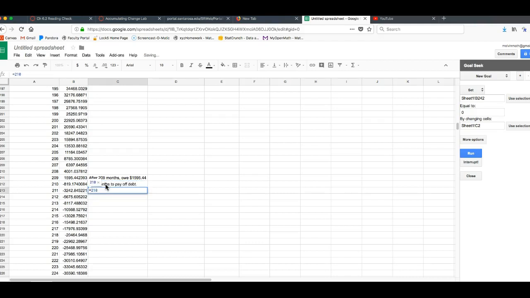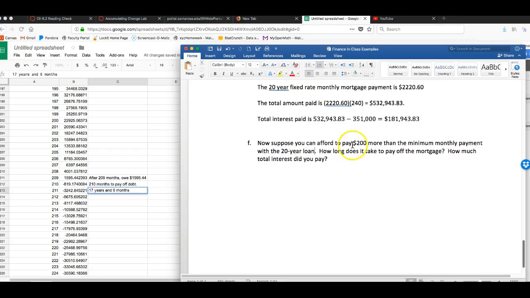And let's see, what is that? 210 divided by 12, so 17 and a half years, 17 years and 6 months. So it would take 210 months or 17 years and 6 months to pay off your debt. So you'd be saving 2.5 years essentially off the 20-year loan, just paying an extra $200 a month.